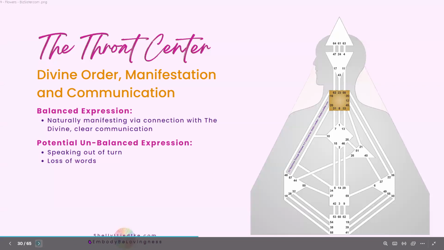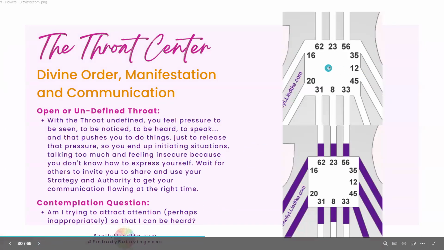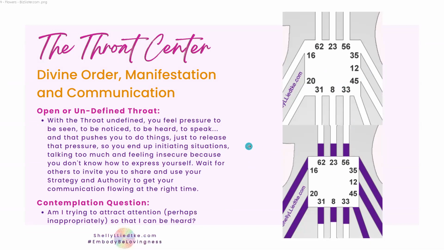So when the center is colored in white, either open or undefined, this is someone who could actually speak on behalf of other people. I believe Oprah has, I don't know if she has a defined, I think she has an undefined throat center.